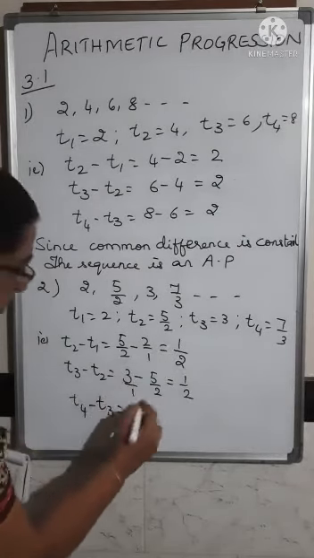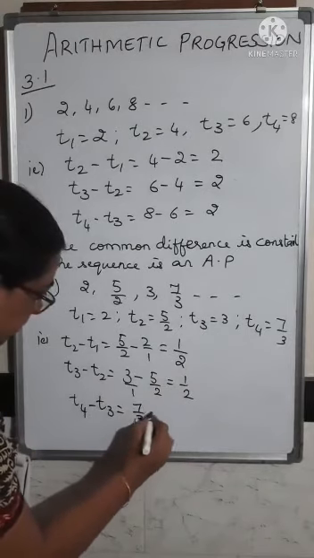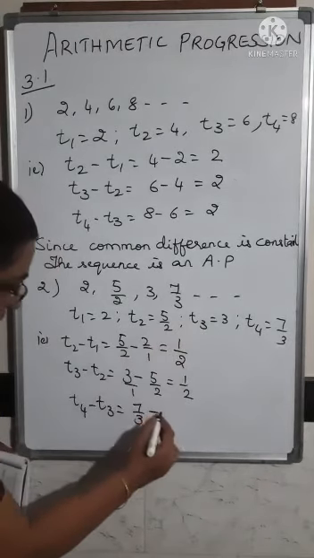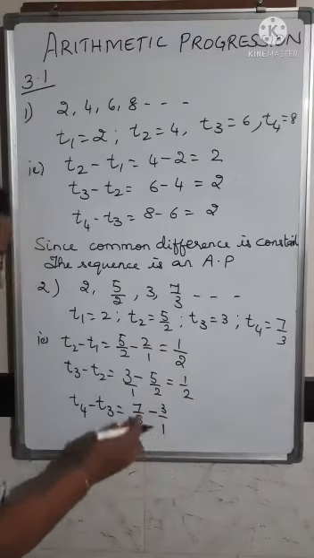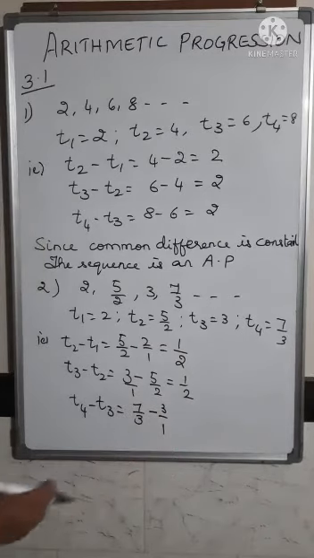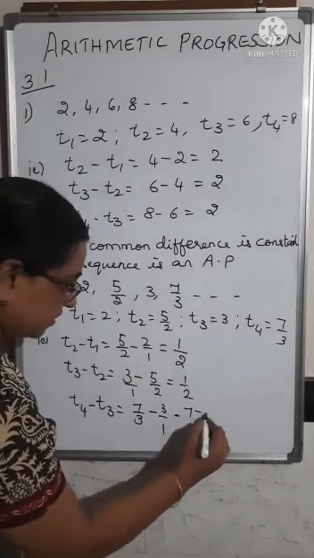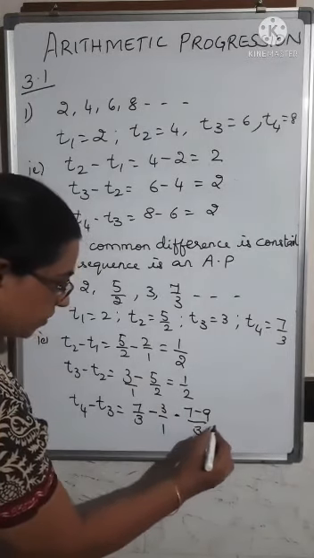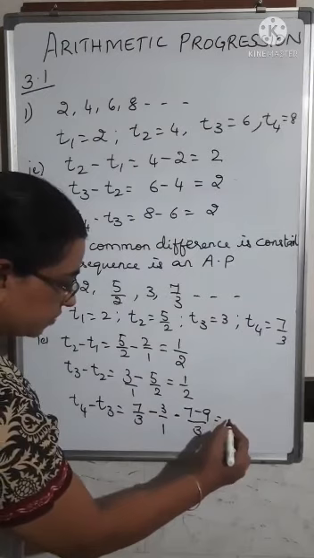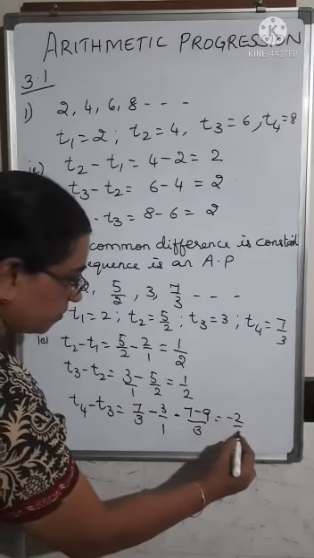What is T4? 7 upon 3 minus T3, which is 3. 7 ones are 7, 3 threes are 9. So you are getting 7 minus 9 upon 3, which is minus 2 upon 3.